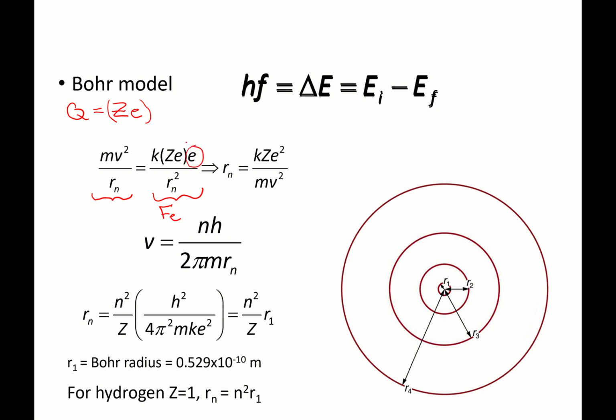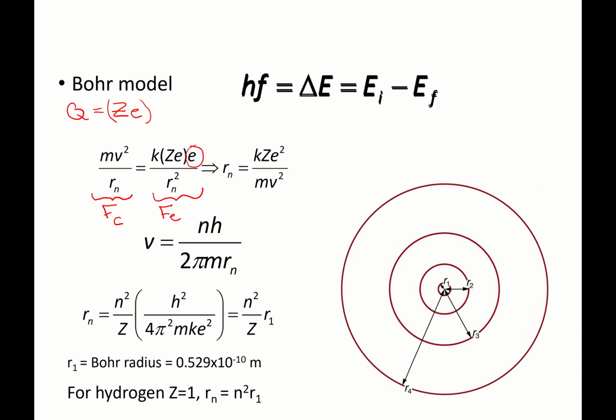The charge for the electron is just e. So the electric force is equal to the centripetal force. If we set those two equal to each other and rearrange, we get that the allowed radius of the orbit is k, which is 9 times 10 to the 9, remember from the first module, times Ze squared over mv squared. And for hydrogen, Z equals 1, so we just have ke squared over mv squared.